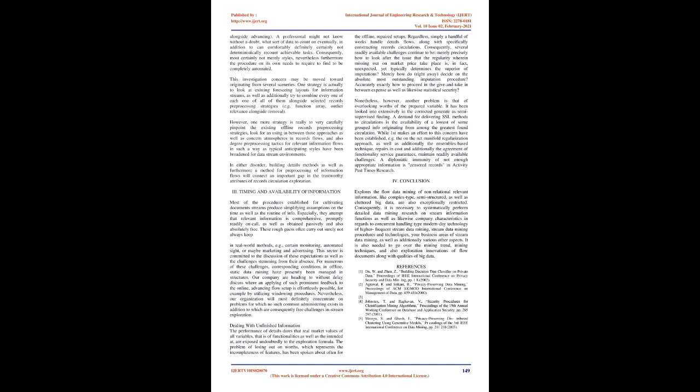Dealing with incomplete information. The majority of approaches assume that real values of all variables, that is of features and the target, are exposed to the mining algorithm. The problem of missing values, which represents the incompleteness of features, has been discussed often for the offline, fixed setups. Regardless, only a handful of works handle data streams, and specifically evolving data streams.